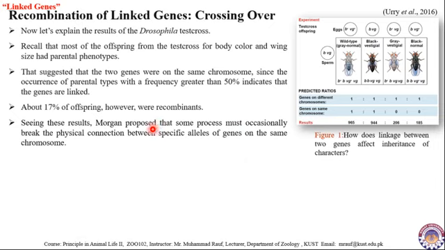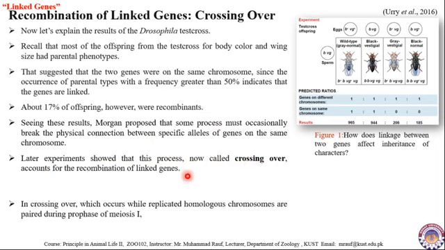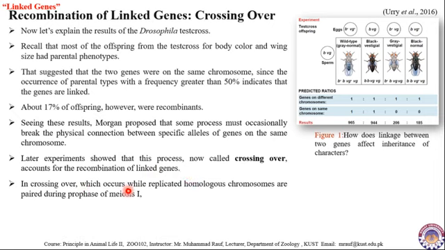Morgan proposed that some process must occasionally break the physical connection between specific alleles of genes on the same chromosome. It means that to a certain extent crossing over does take place, which resulted in the new allele combination. Later experiments showed that this process, now called crossing over, accounts for the recombination of linked genes. Crossing over occurs while replicated homologous chromosomes are paired during prophase of meiosis 1.